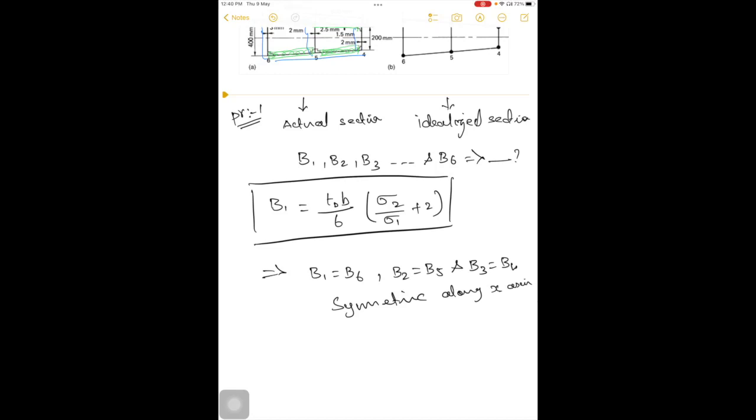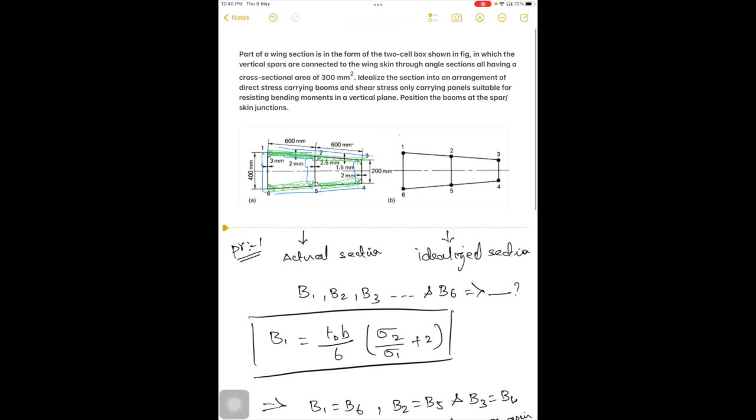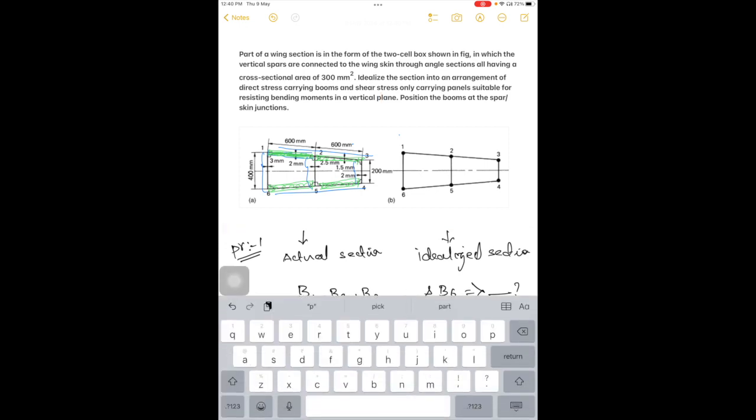So what about sigma 2 and sigma 1? They didn't mention anything about them, but they have given the condition that the section has to resist the bending moment in the vertical plane.